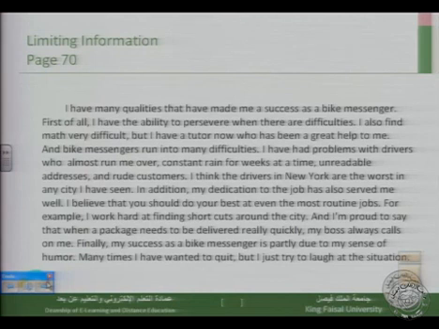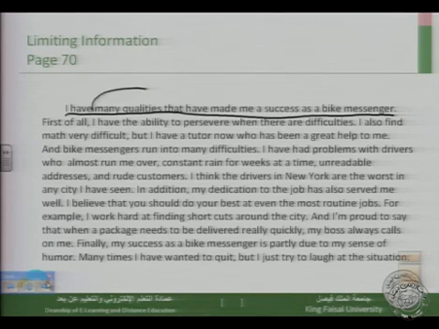The writing says, I have many qualities that have made me a success as a bike messenger. So here, this is the topic sentence. In the topic sentence, the controlling idea is many qualities. So in this paragraph, the writer is going to list his qualities. Let's say 4, 5 to 6 qualities he is going to list in this paragraph.